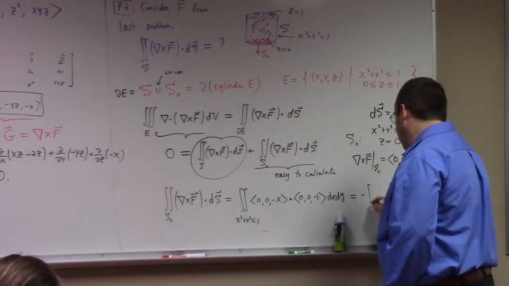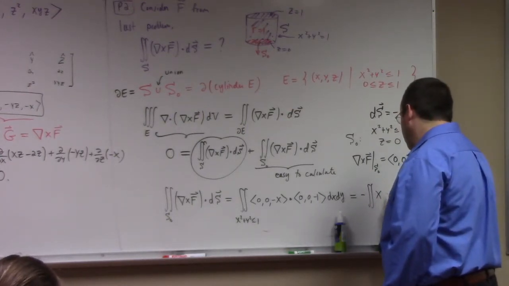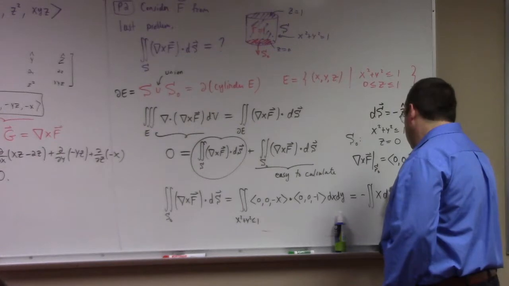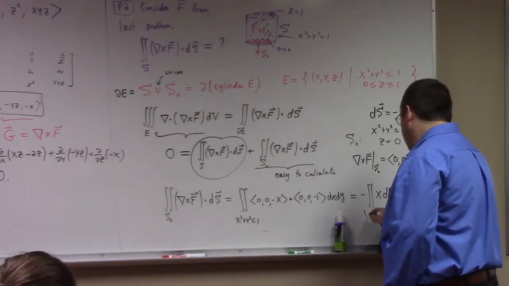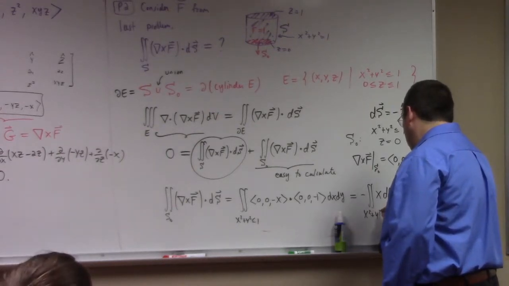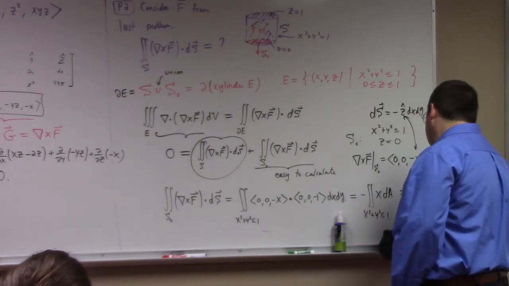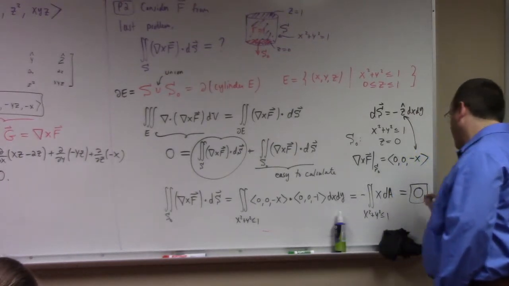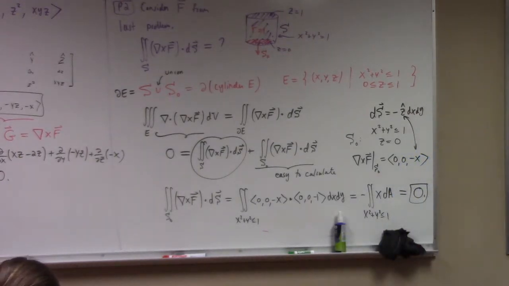In other words, what we're looking at is the double integral of the x function dA over x squared plus y squared less than or equal to 1. And I claim that that's obviously 0, because we're integrating x over the whole disk, so you've got the left half being negative, the right half being positive, or vice versa, depending on whether or not you count the minus there.